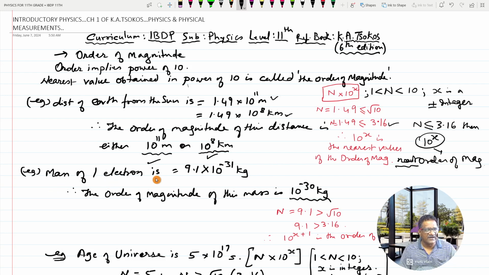Suppose the mass of one electron is given as 9.1 into 10 raised to minus 31 kg. Now here also the mass of one electron is given in scientific notation, right? 9.1 into 10 raised to minus 31 kg is of the form n into 10 raised to x. Now n should be between 1 and 10, and obviously here you can see it is.